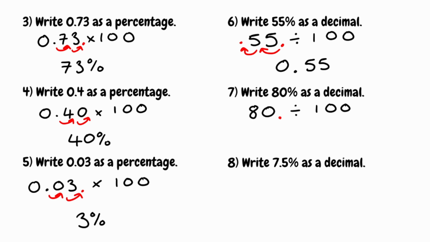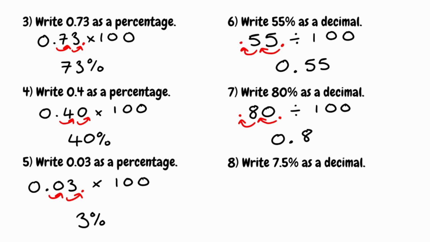So when we move the digits twice to the right, our decimal point would now appear in front of this 8. So now we've got .80. So all I need is a placeholder in front of the decimal point and then 80, but we can just simplify that to 8. We don't need the 0 after it. So 80% as a decimal can be written as 0.8.